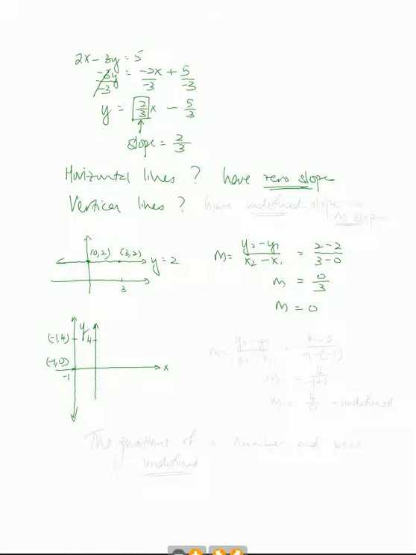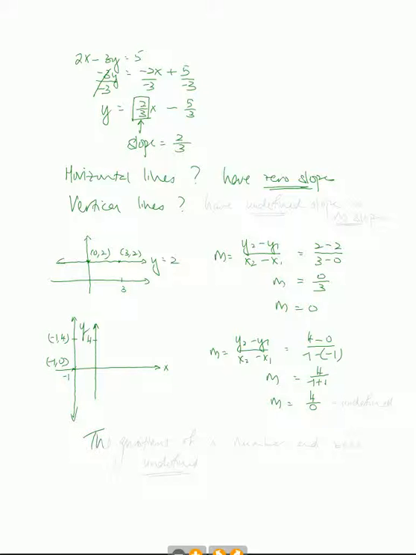With the 2 coordinates, I can now use the formula again. This time, you notice that your y's are 4 minus 0, but the x's are going to be -1 minus -1, which really means 4 over -1 plus 1, and that means it's 4 over 0.